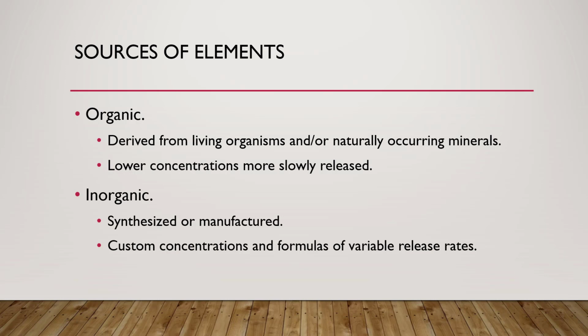There are lower concentrations, so they're more slowly released, and quite often need microorganisms to aid in this release. Inorganic are synthesized or manufactured, with custom concentrations and formulas with variable release rates. Usually you'll see this on the fertilizer. If it's a fast release, it's going to have higher numbers.